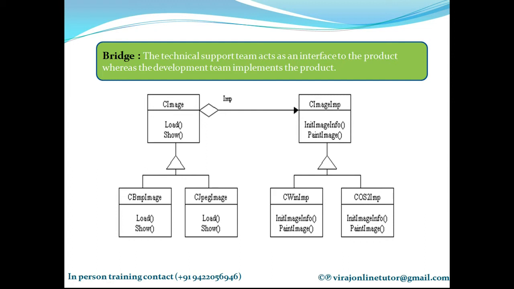So for different OSs, the way the image is going to be printed and initialized is different. That's why I have a Windows implementation of image here, OS2 implementation here. Suppose I have Linux, all the different OSs can come in here.